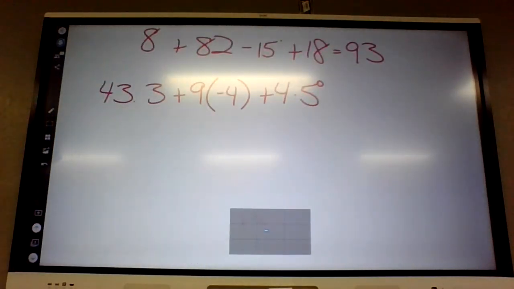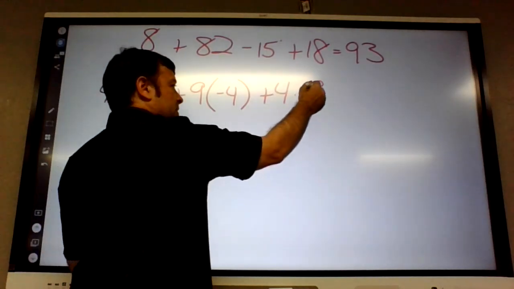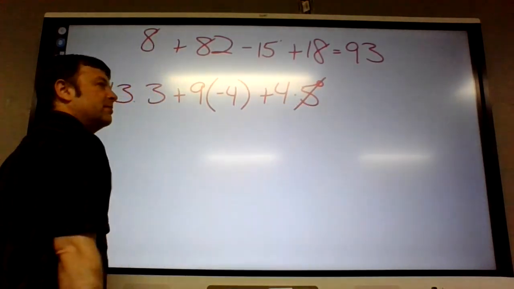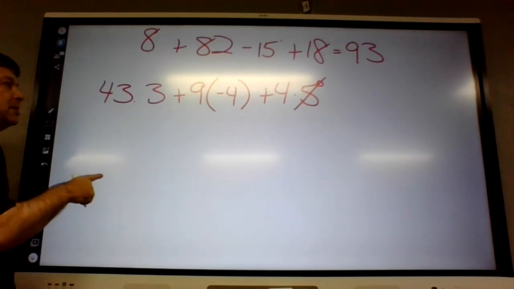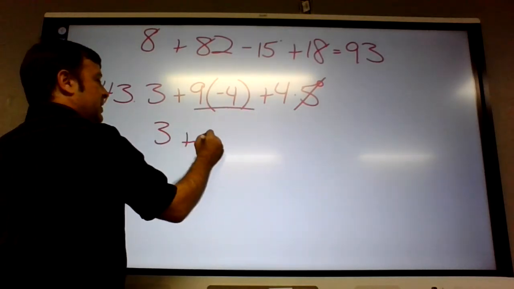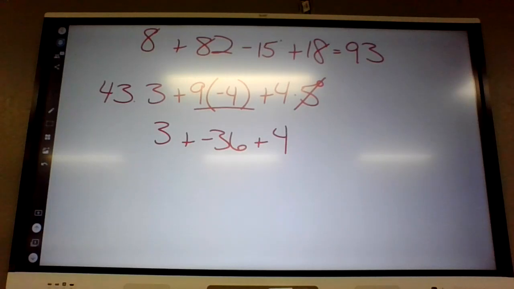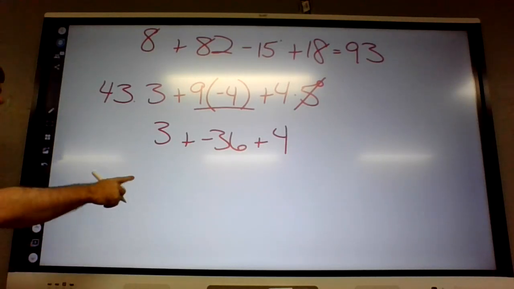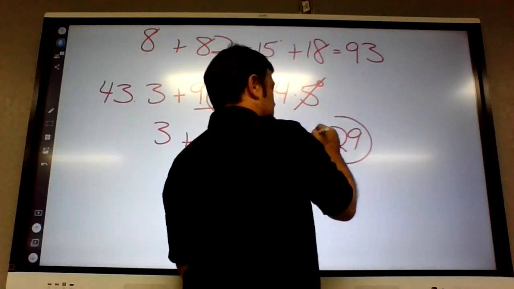Okay, now what should we do? Exponent, 5 to the 0 is 1 times 4 is 4. So, kind of like the worksheet, when you're multiplying with the 0 exponent, it kind of just goes away. Alright, so we have 3 plus -36 plus 4. So that is -20.